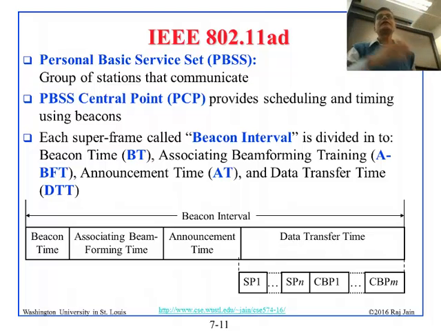So all that is happening in the associative beamforming time. Then announcement time. These are common announcements, mostly multicast, and then data transfer. So beacon time, associative beamforming time, ABFT, announcement time, and data transfer time, DTT. More details are coming up about each of these.